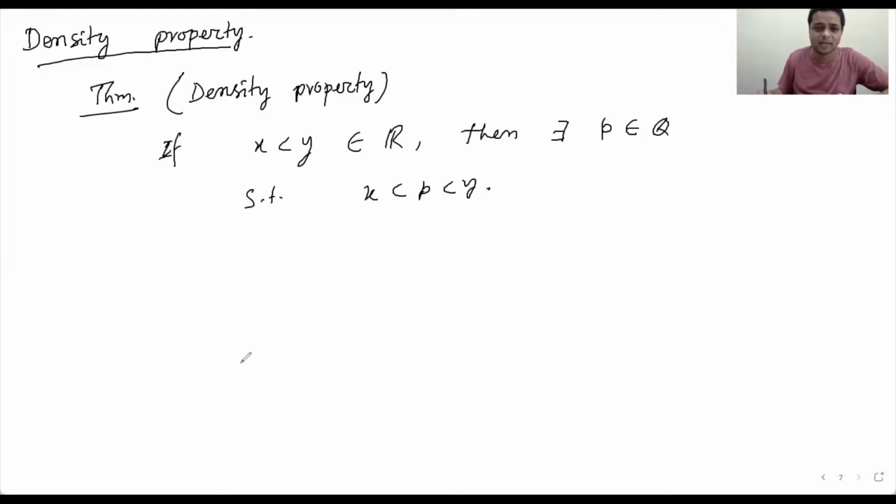So basically, between any two real numbers, there exists a rational number. If x is here and y is here, then in between x and y we have some rational number p. This is the statement of the density property.